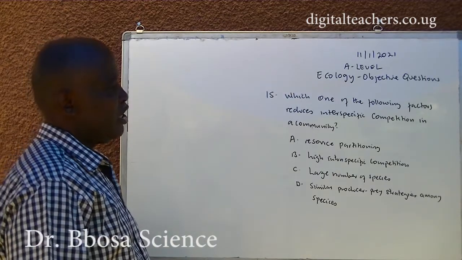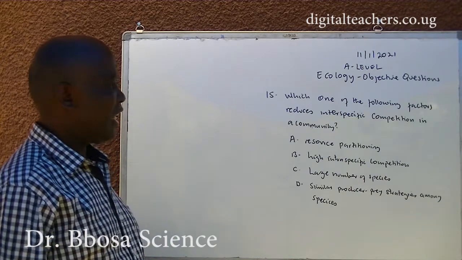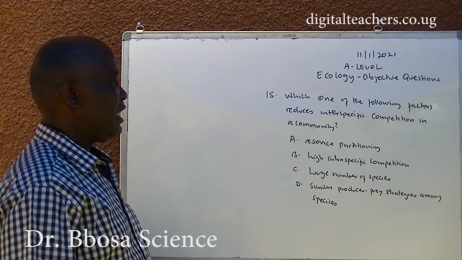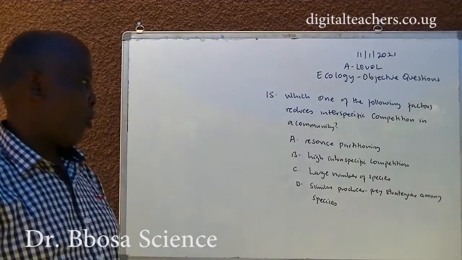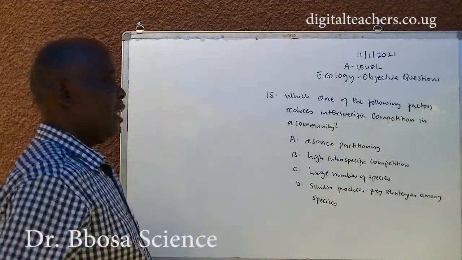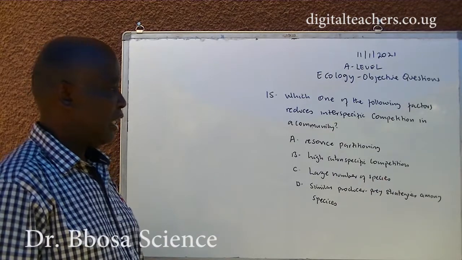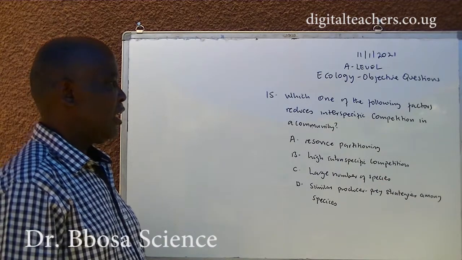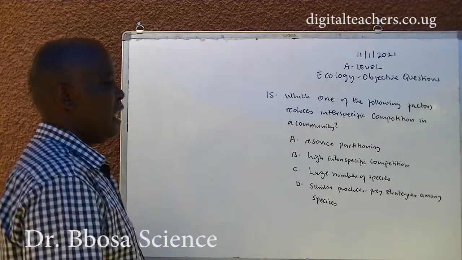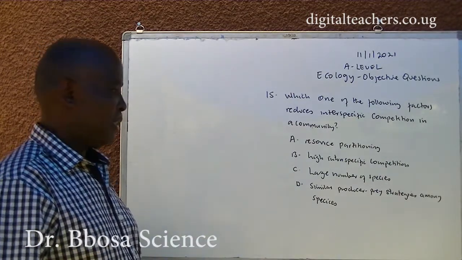Number 15. Which one of the following factors reduces interspecific competition in a community? A. Resource partitioning. B. High intraspecific competition. C. Large number of species.